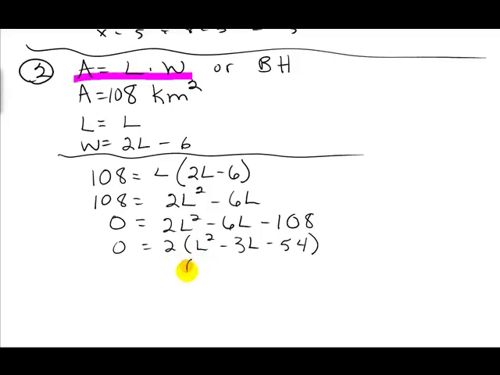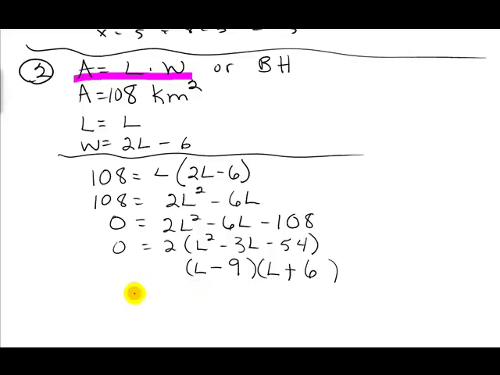We will take and factor. One's going to be negative, one will be positive. 6 and 9 will give us 54. The 9 will go here, the 6 here.